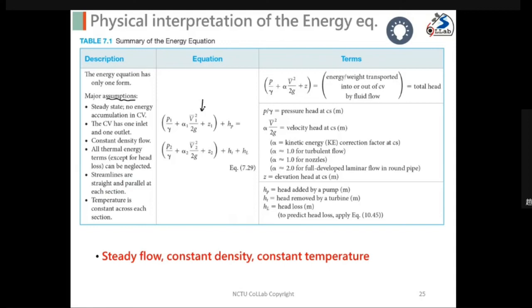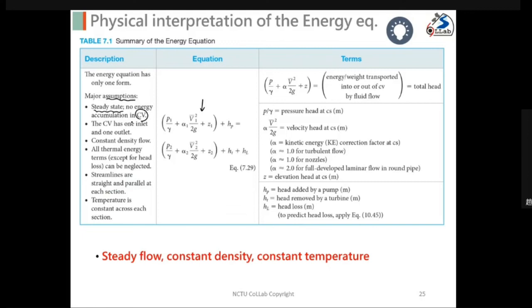So what I would like to emphasize for this table is the major assumptions for the energy equation. If we write the energy equation by this formula, the first is we assume steady state flow.